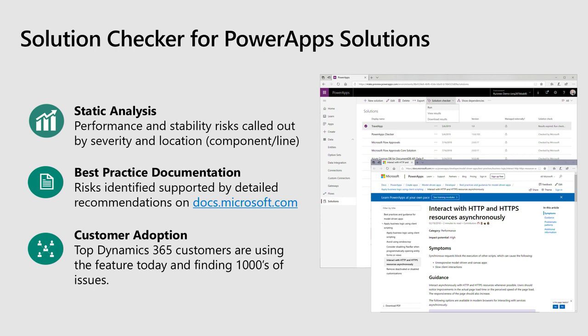So we thought, wait a second, through static analysis, we can identify anti-patterns that will cause people's applications to run in a more unreliable or slower state. And so we've implemented the solution checker for PowerApps solutions. You can run this against your solutions and it will give you a grade, okay?